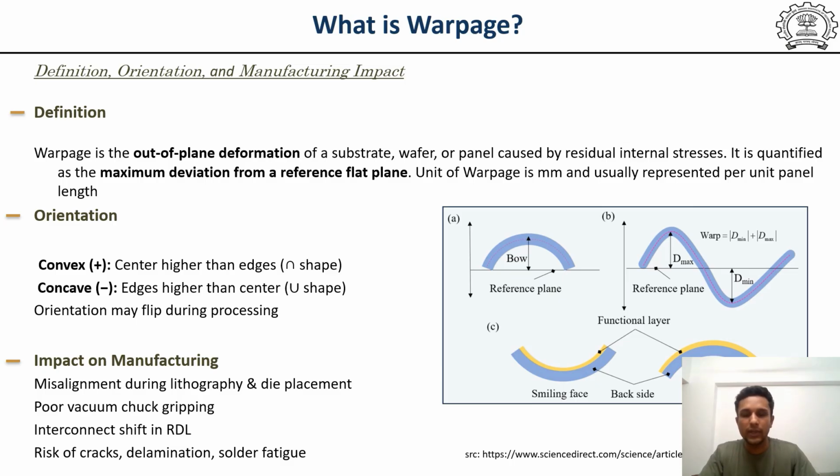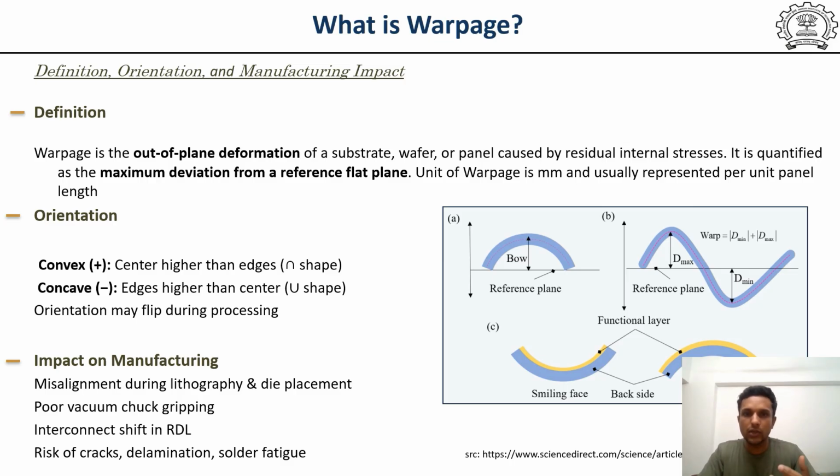And usually warpage is represented in a length by length unit because it makes sense only when we say I had this much warpage in this much length scale. So that in different length scales, the same warpage does not create the same impact. So always warpage is represented by length unit.